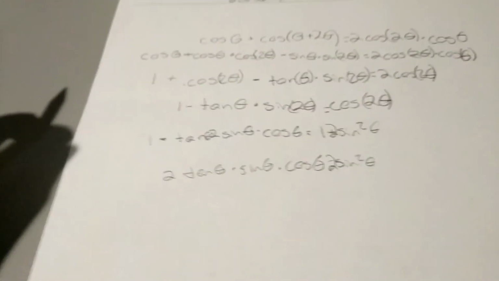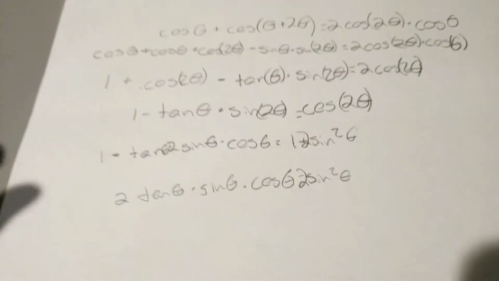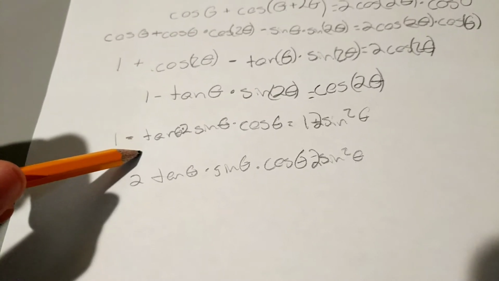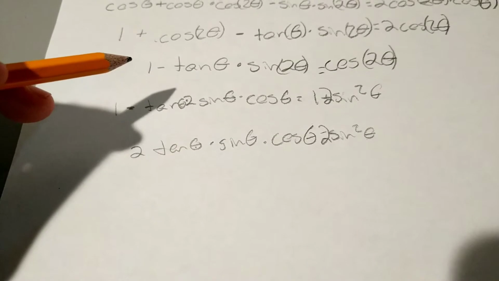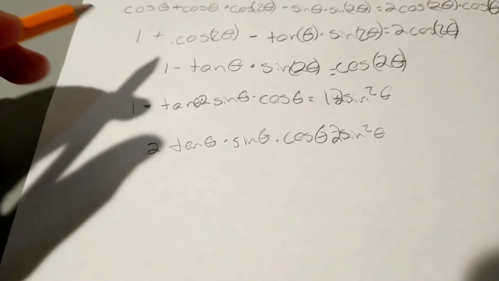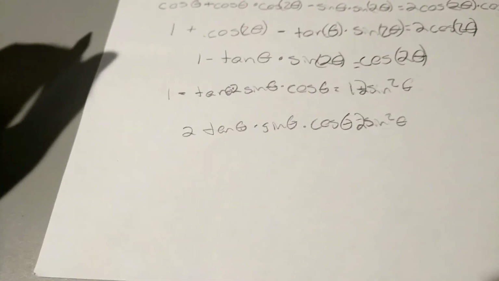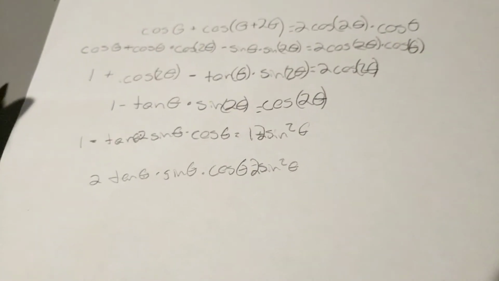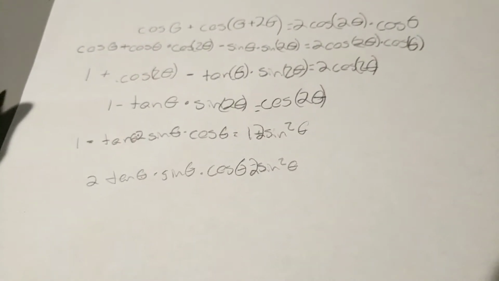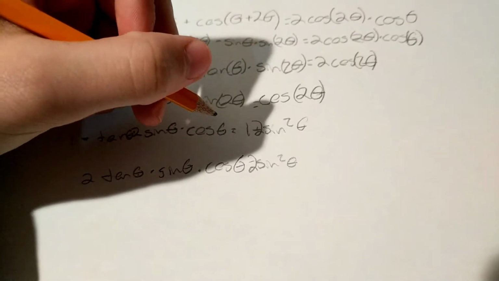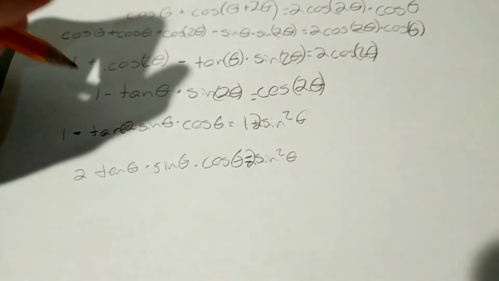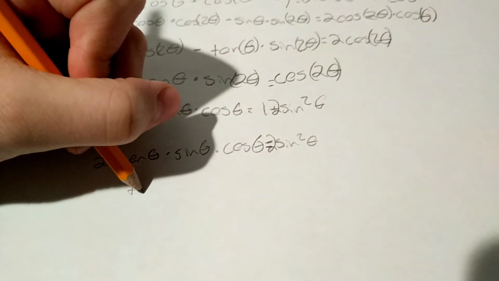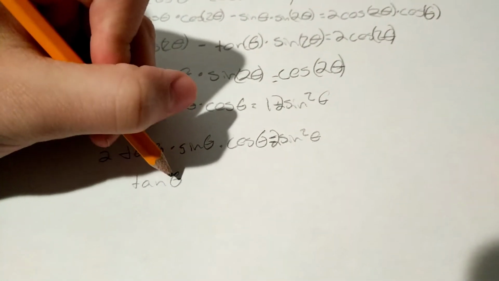Okay, from here, it's pretty self-explanatory how to solve it. I'm just going to go through it. And by the way, you can get rid of this minus because, sorry, I'm blanking out on it right now. It'll come to me in a second. Anyways, I'm going to divide by 2 and by sine right here.